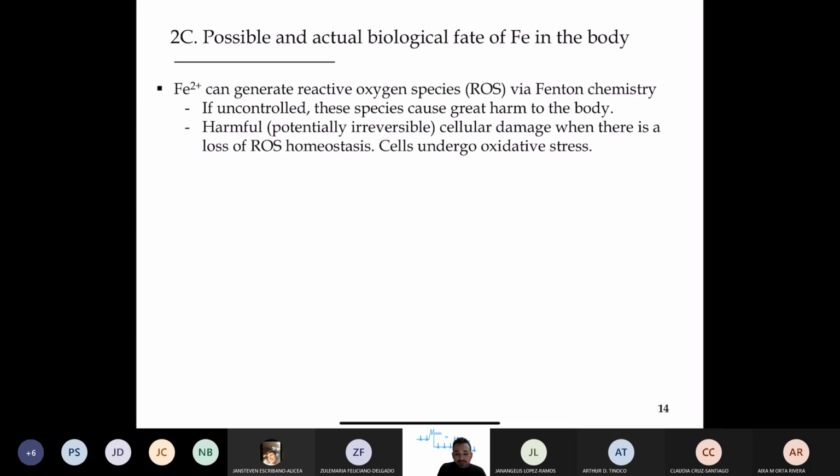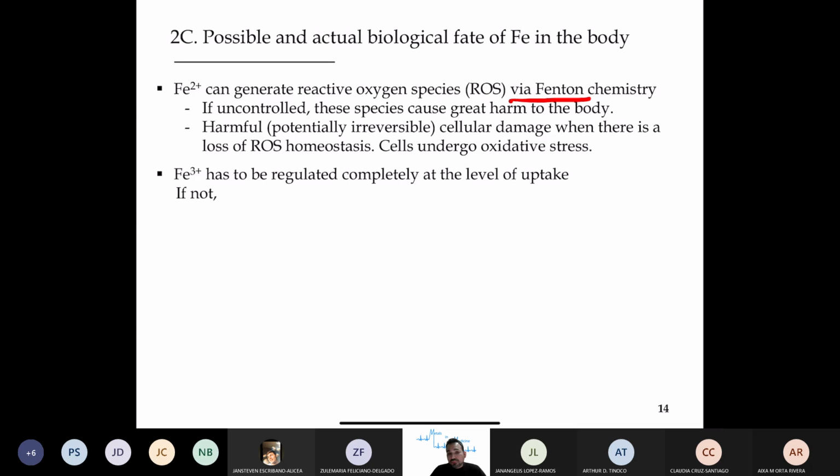And so it can generate reactive oxygen species, or ROS, via Fenton chemistry. And if uncontrolled, these species can cause great harm to the body, harmful cellular damage when there is a loss of ROS homeostasis. And so this is something that the body has developed its mechanism for controlling.